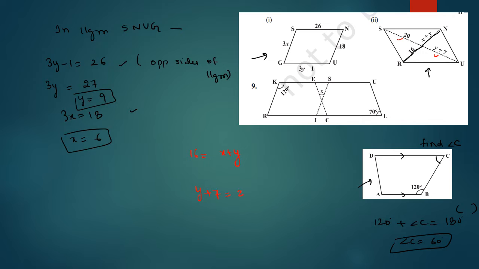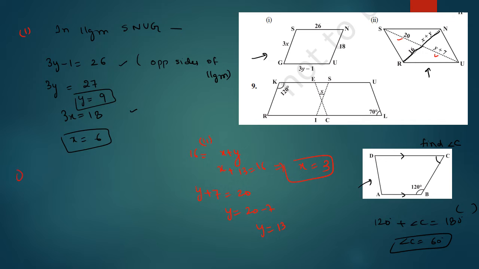Why? Because diagonals of a parallelogram bisect each other. So y becomes 20 minus 7, that is 13. And if you place y here as 13, x becomes 16 minus 13, that is 3. Clear? So this is the second part. This is the first part.